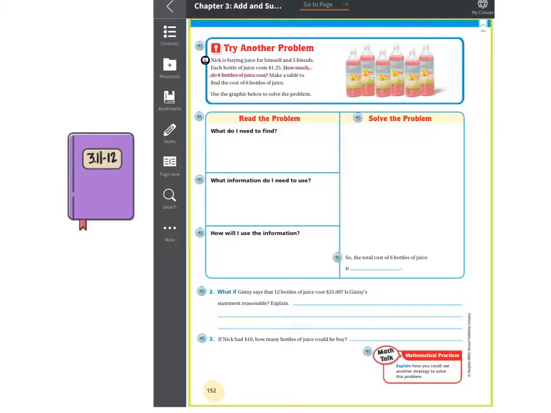So I'm going to write the cost of 6 bottles of juice. Go ahead and copy that in there, and then when you're ready, we can go on to the next problem.